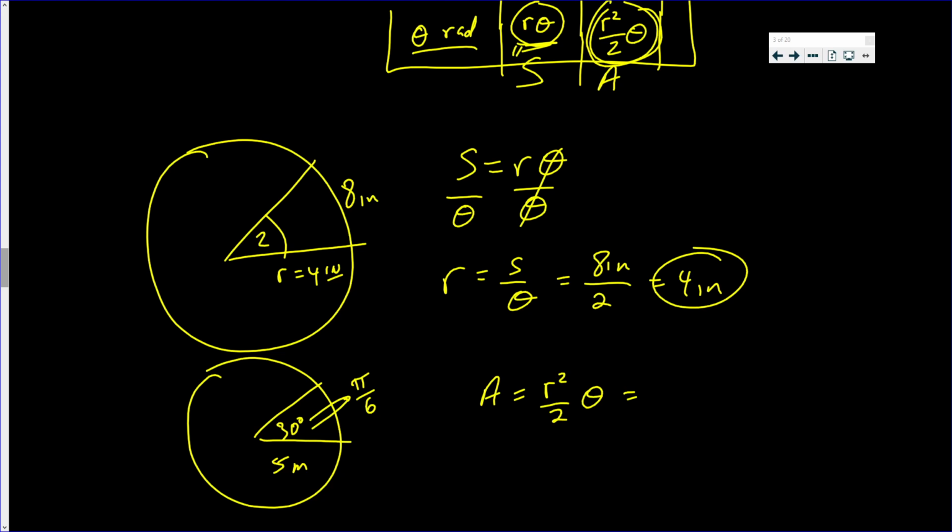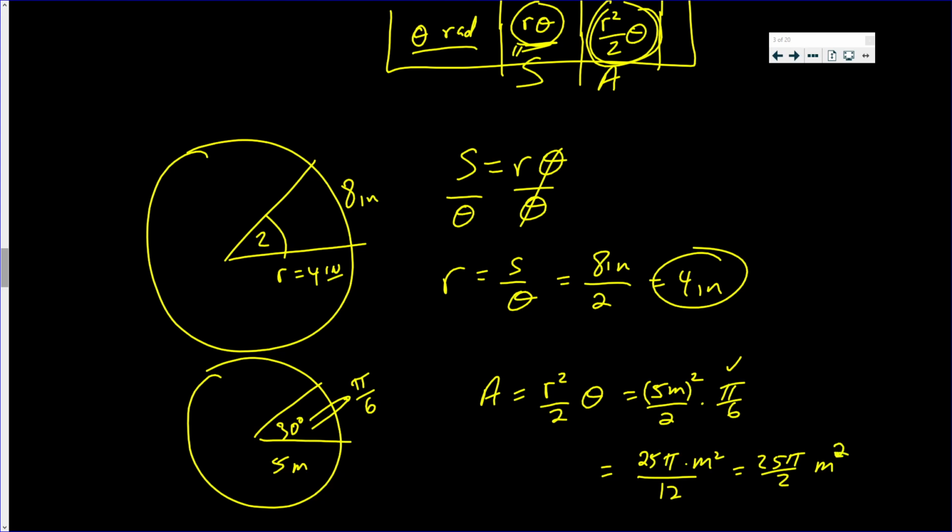Okay, so I get 5 meters squared over 2 times pi over 6. So the bottom is going to be 12. 5 times 5 is 25 times the pi times meters squared. So it's 25 pi over 2 meters squared.